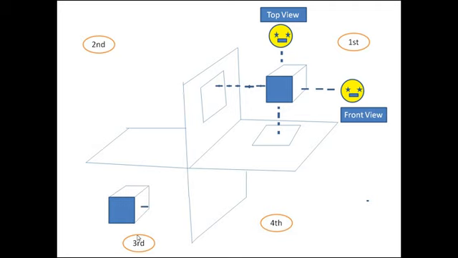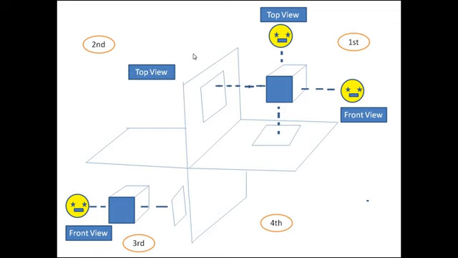Now we will again imagine one more 3D object in the third quadrant. Our observer will stand here. When he sees from this side, he will observe the front view on this vertical plane.